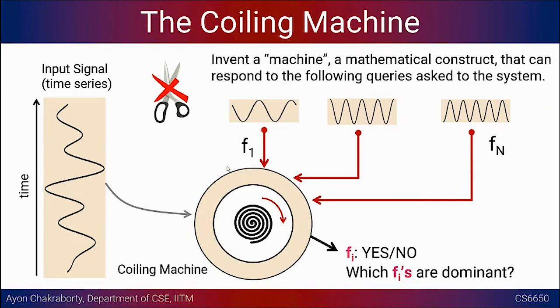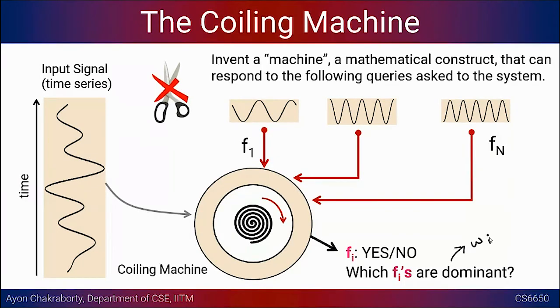So this is a yes or no, or you can assign a score to each individual frequency, a relative weight for that particular frequency. If you are given F1 to Fn, for every Fi you can tag a weight, let's say Wi, and you can see how this Wi changes with i.